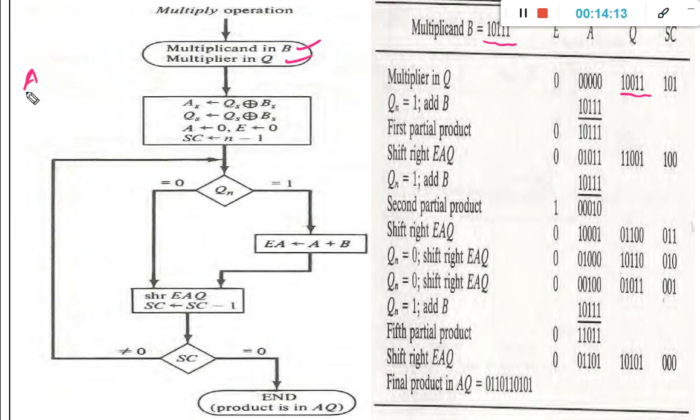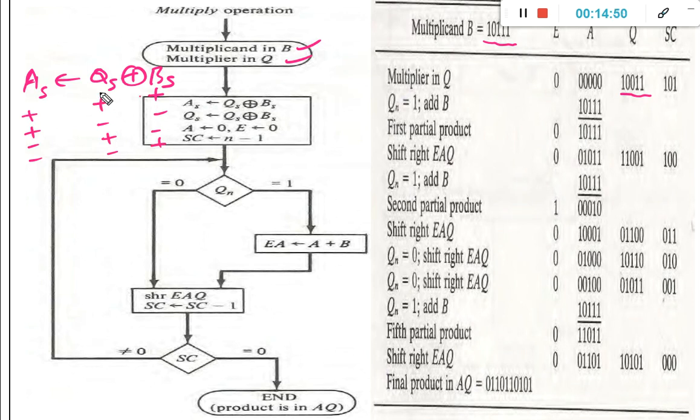Next, we need to assign the final result's sign bit AS to QS exclusive OR BS. So if both are plus, then the final result's sign bit will be plus. If both are minus, then the final product's sign bit will be plus. If either one is plus or minus, then the final result will be minus.